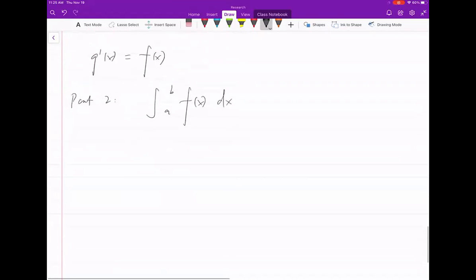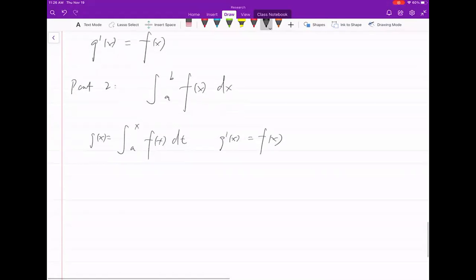What did you just discover? Number one, I have a function which is called g(x). Number two, I know g'(x) equals f. So how do you go from here to here? You just change this to b.